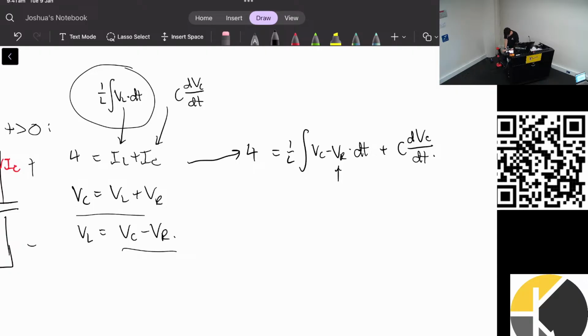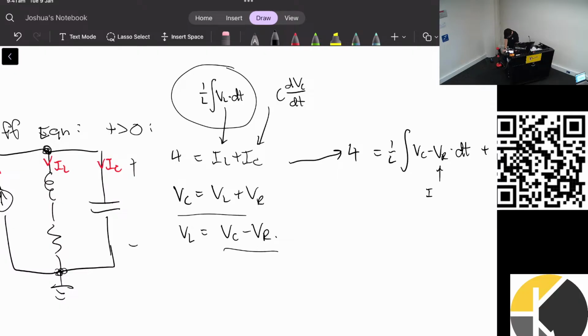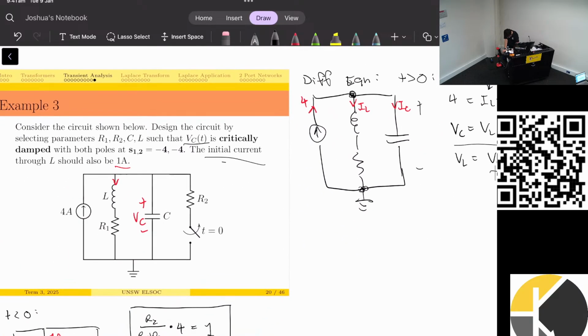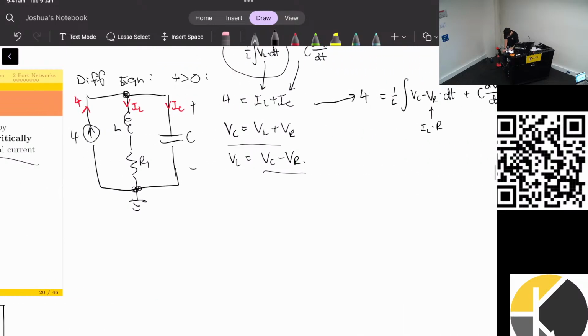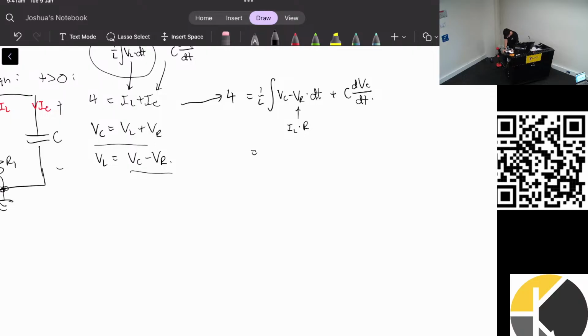VR we will need to change. So this is the current through the inductor, so this is IL times the resistance, which is R1. Yep, so this is R1. So I can rewrite this a bit nicer. So this is IL R1. What else can I use here?